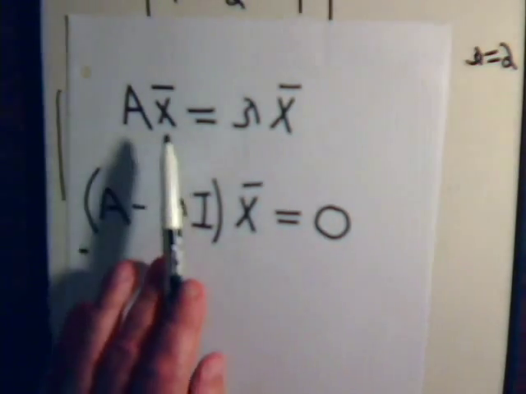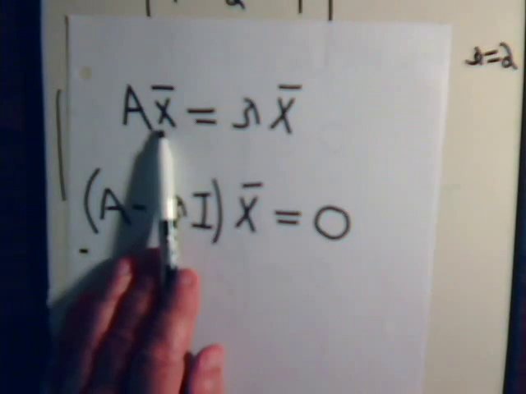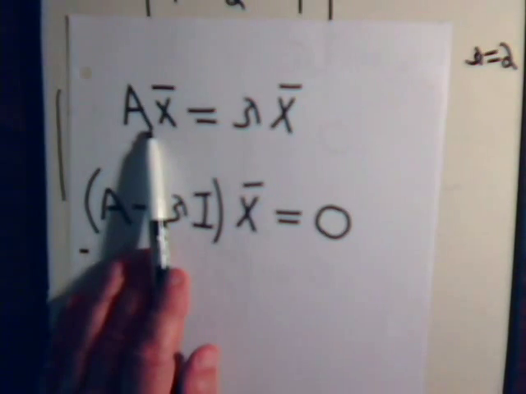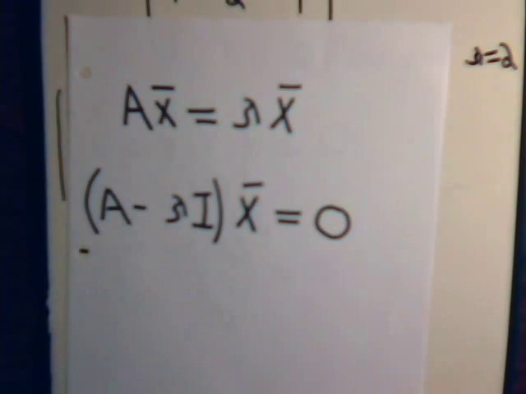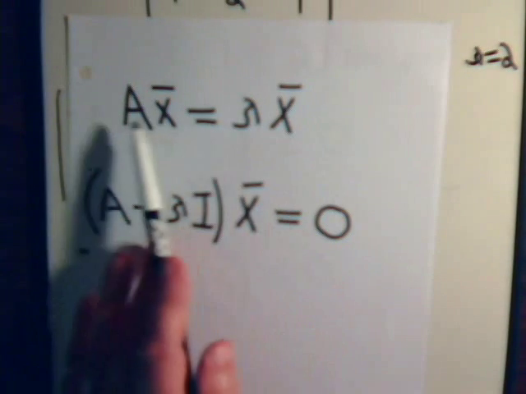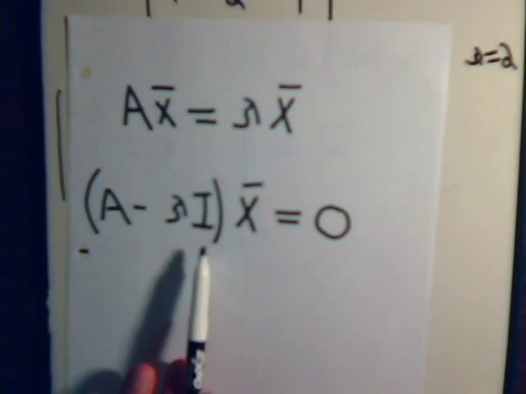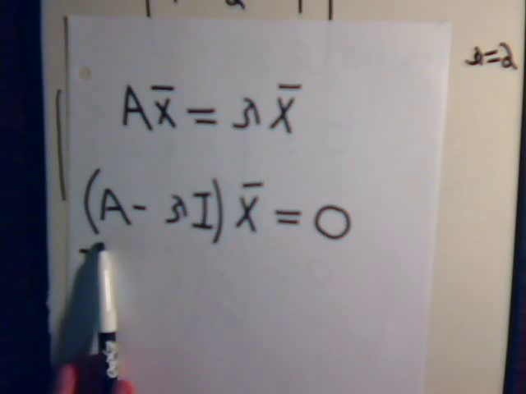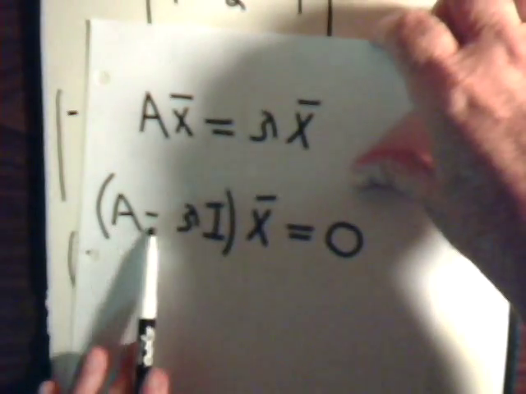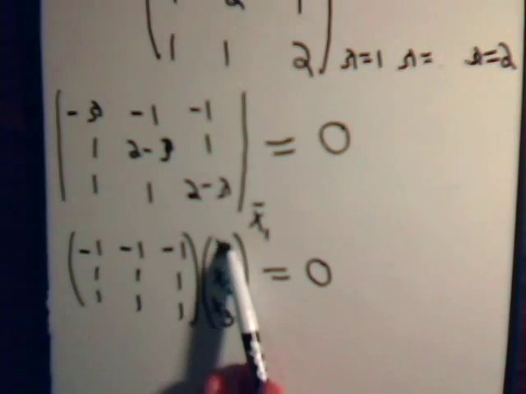Here we have an eigenvalue, eigenvector generic equation, but it's going to end up like this, so that the eigenvectors of A are in the null space of this matrix. And again, that's how we did it in all the previous videos. A minus lambda I, that's this matrix here, and then here's x1, x2, x3, the components of that eigenvector.